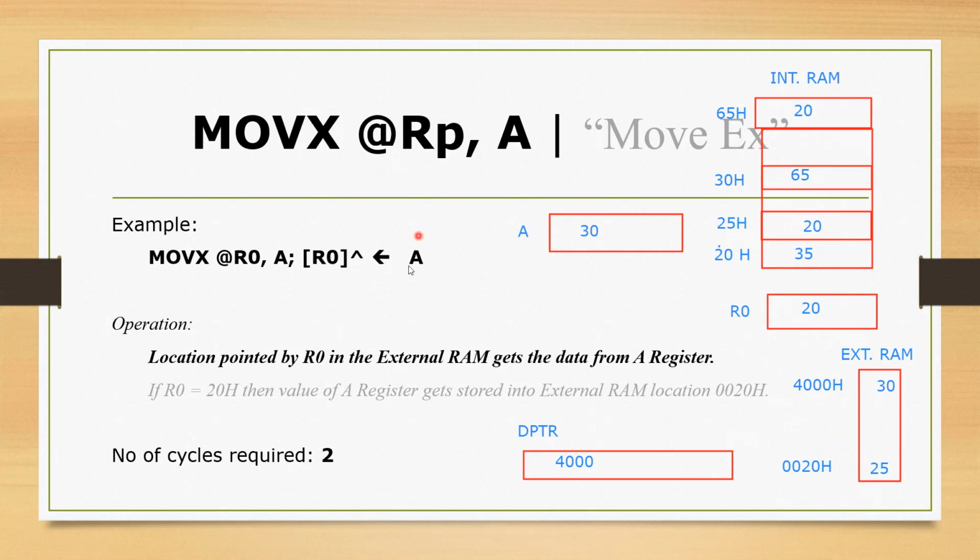So the value from the A register is copied to the location pointed by the register R0 in the external RAM. The location pointed by R0 is 0020 hex in the external RAM. So we are copying the data 30, which is in the accumulator register, to the external RAM location.